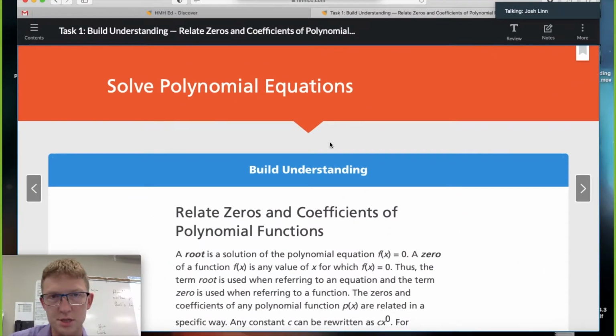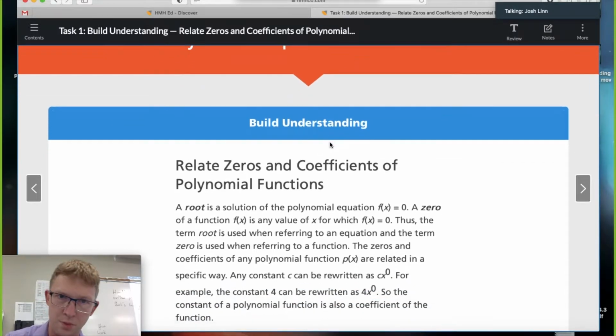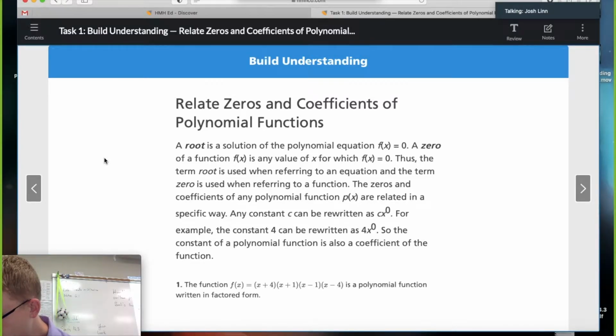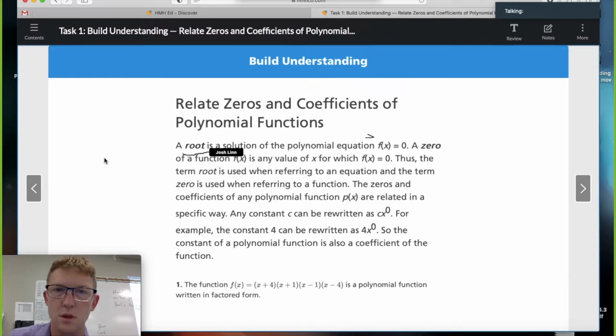We're going to try to solve polynomial equations. But first we have to learn a couple of words. Relate zeros and coefficients of polynomial functions. A root is a solution of the polynomial equation f of x equals 0.